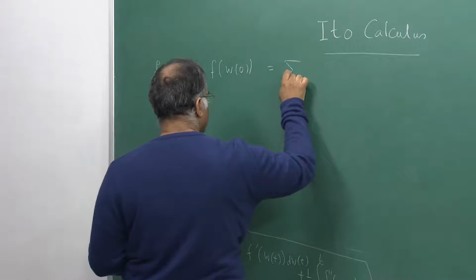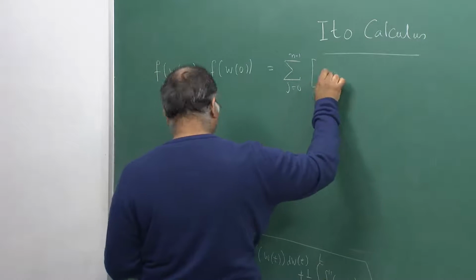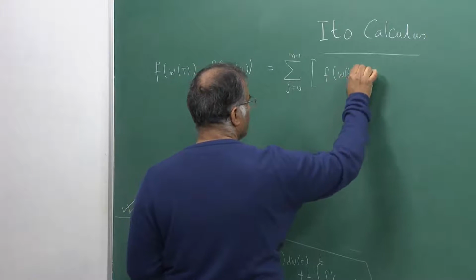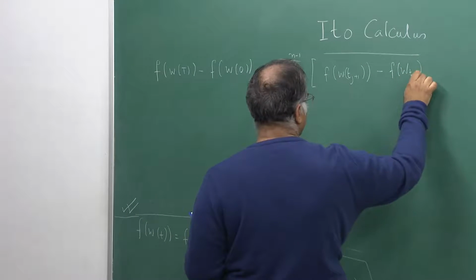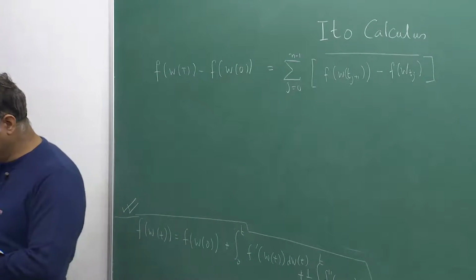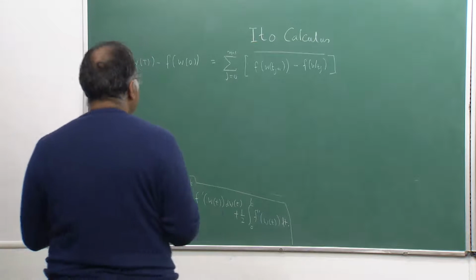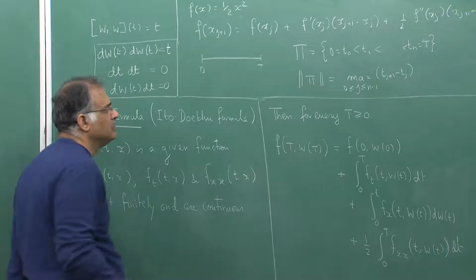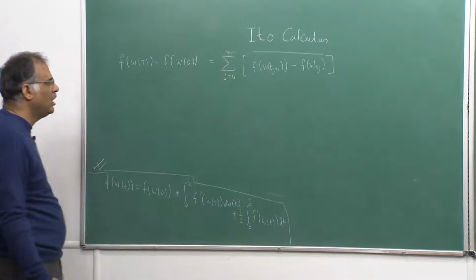The summation for j equal to 0 to n minus 1 of f of W_{t_{j+1}} minus f of W_{t_j}. Now this expression f(x_{j+1}) minus f(x_j) is a quadratic expression, half x squared.